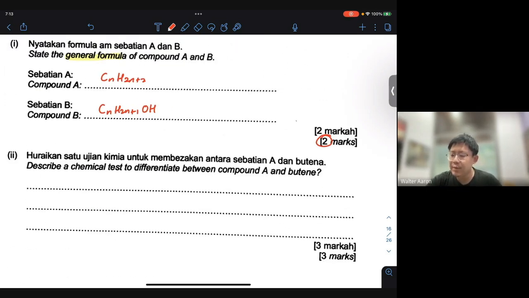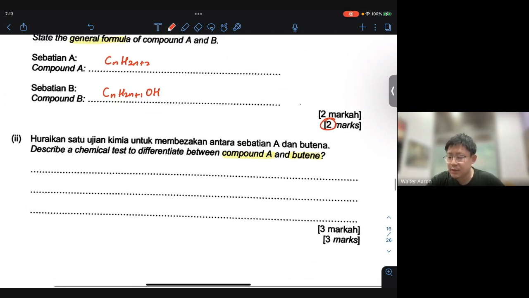For number 2, describe a chemical test to differentiate between compound A and butene. So whenever we want to differentiate an alkane from an alkene, we actually use something called the bromine water test. Okay, so you just say bromine water test is used.